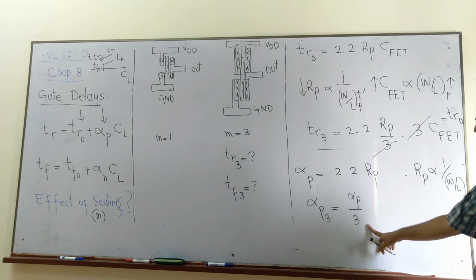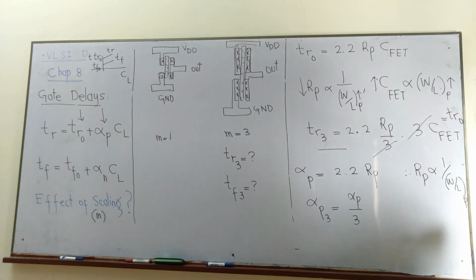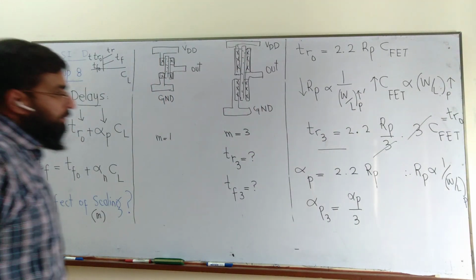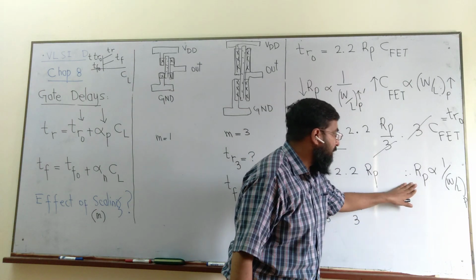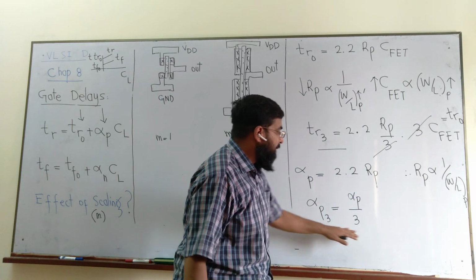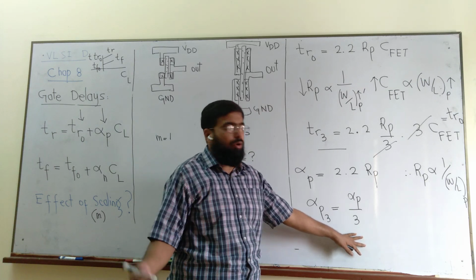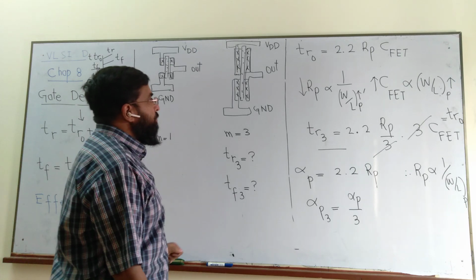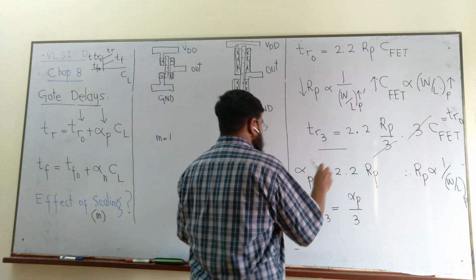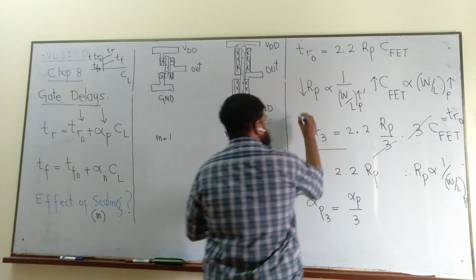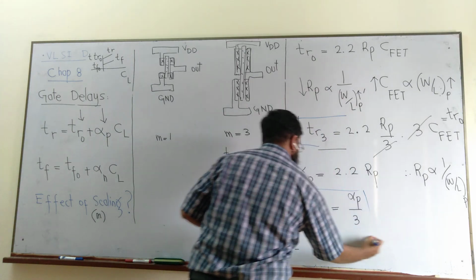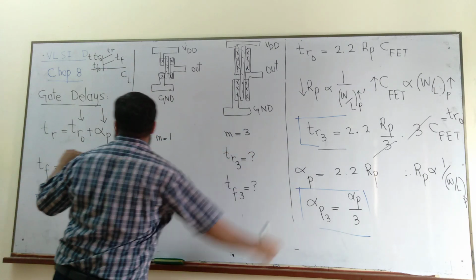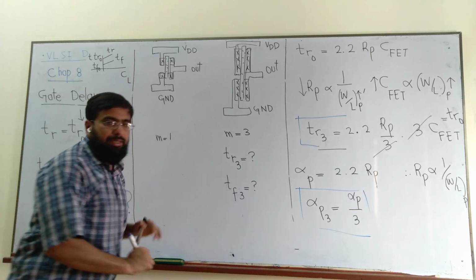So we have a new alpha p that is 3 times smaller than the alpha p we had in the case of a standard NOT gate with m equal to 1. So now we have come up with these two expressions for TR03 and for alpha p3. Now we can plug these two terms in here.